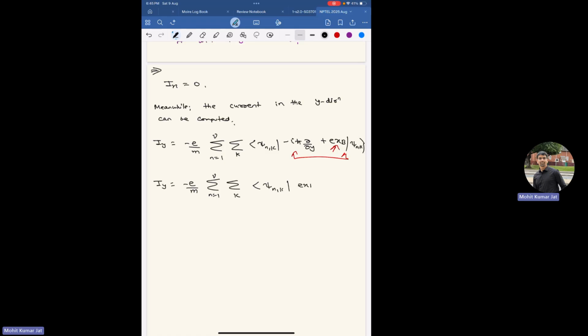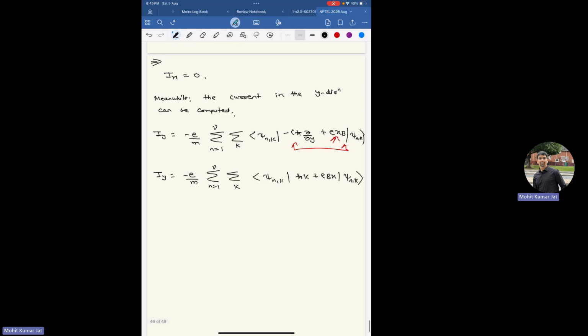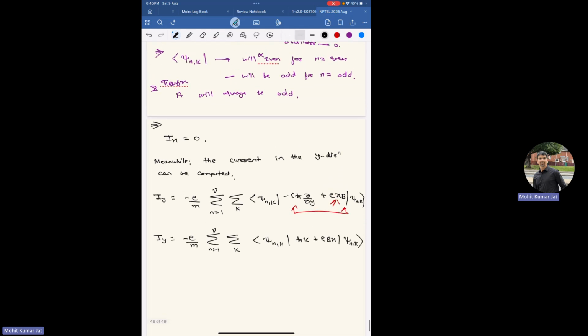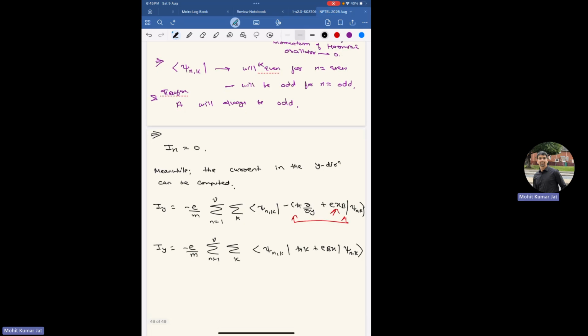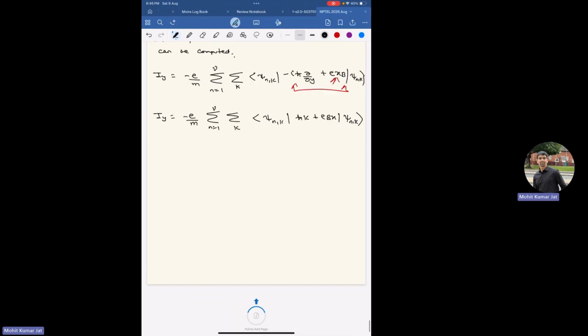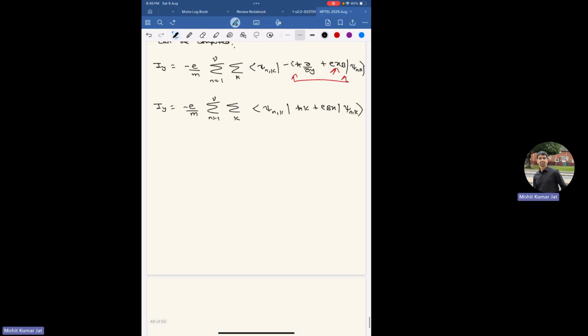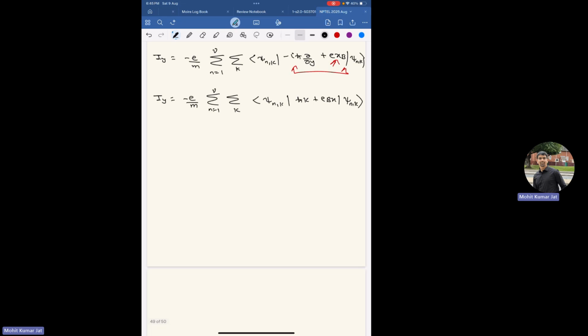your i h bar del y for it will be h bar k plus eBx, and psi n k, because your psi n's are the wave functions in the x direction. So why does this happen? I will explain. Why is this h bar k and not 0?